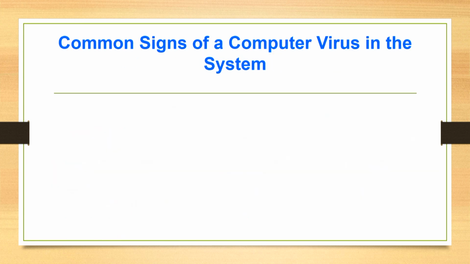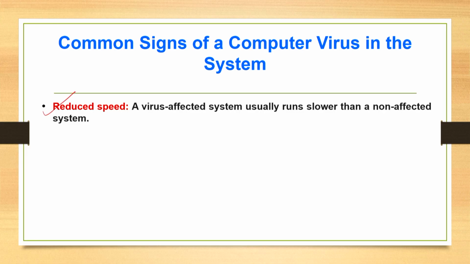When we know the different types of computer viruses, another question comes to mind: how do we know that my computer system is affected by a virus? What are the symptoms, the common signs of a computer virus in the system? Firstly, if the speed of your system is reduced, if it is working very slowly, then it means it is affected by a virus.